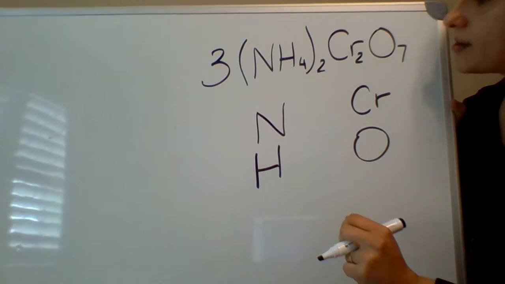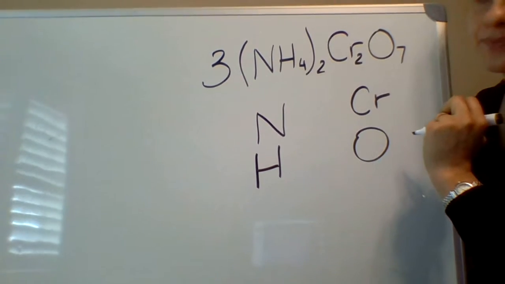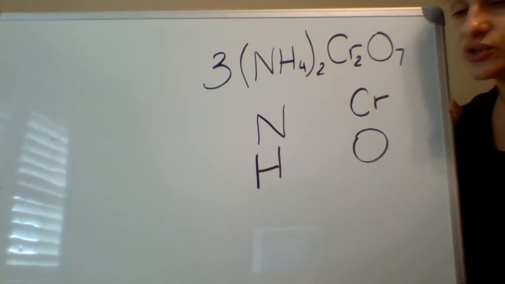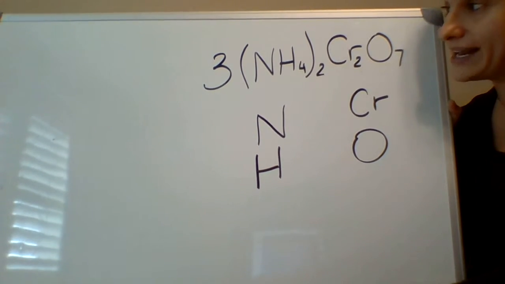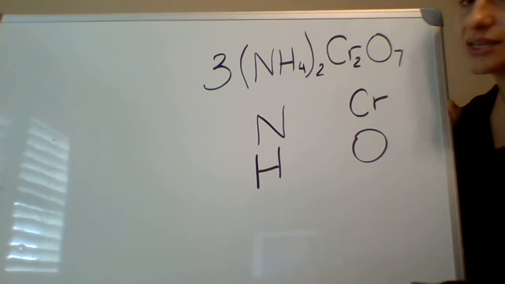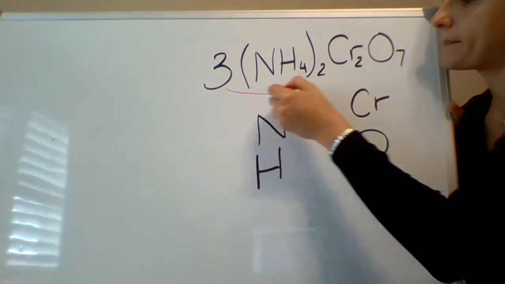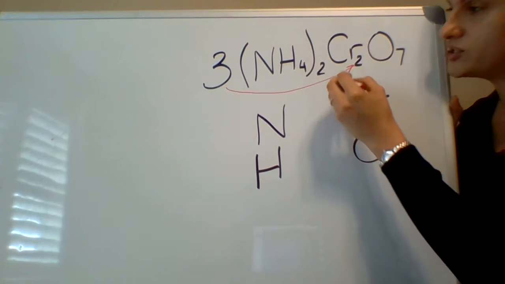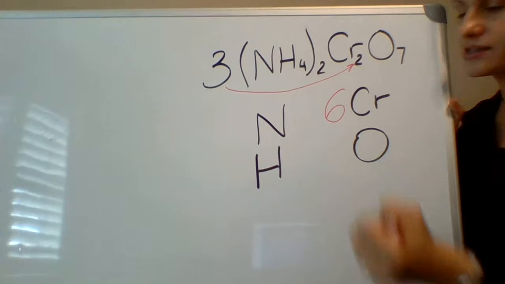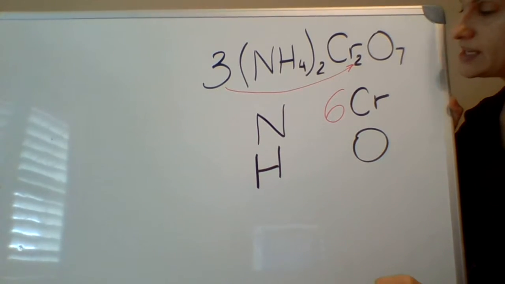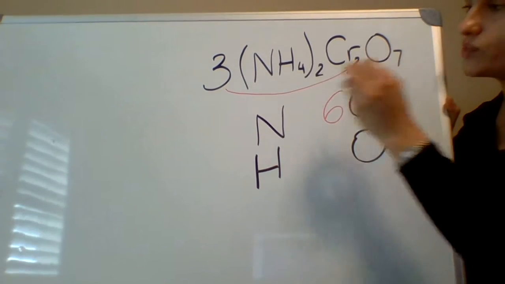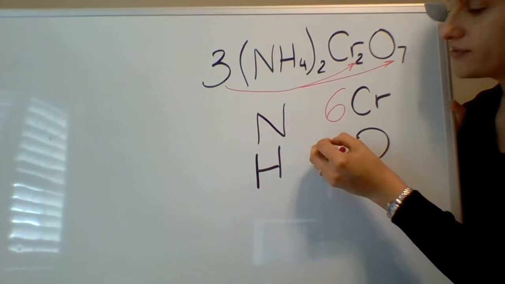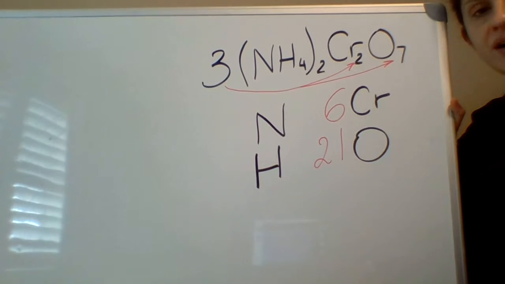So each compound has 2 chromium in them, but I have 3. So remember I told you the best way to solve that, instead of writing this all out 3 times, is to take the 3 and multiply it by 2. So that means you would get 6 chromium. You do the same thing with the 3 and the 7, and then that means you have 21 oxygens.